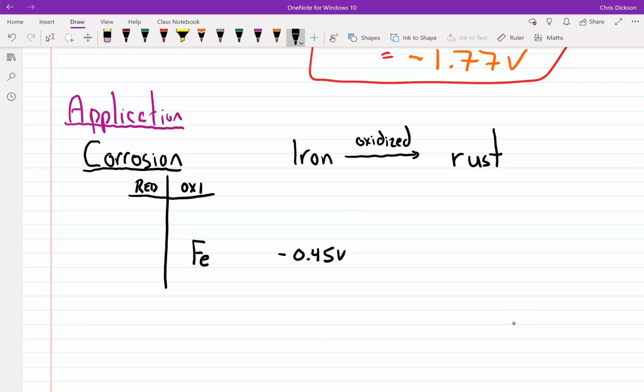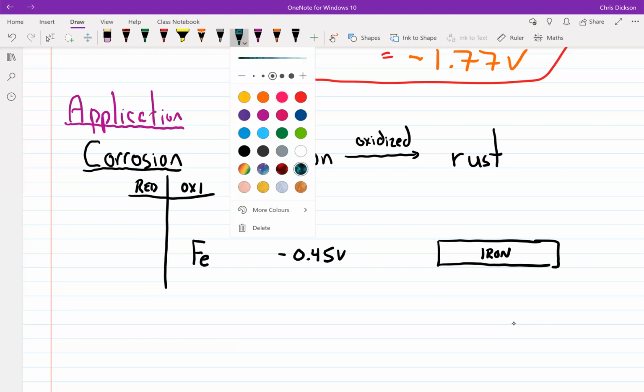So let's say you had a piece of iron, and this iron is to be oxidized. Well, before we knew all about electrons being transferred back and forth, most people just recognized that if you leave iron out in oxygen, it rusts. And that's just something people knew from a long time ago, well before what we understand as modern chemistry.